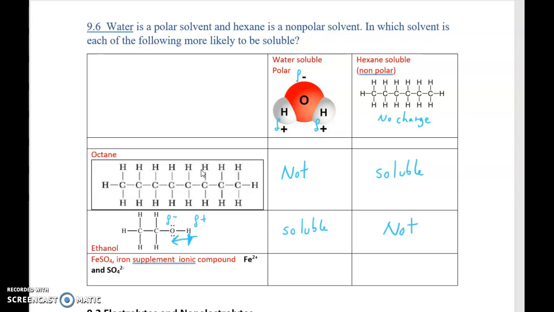We've got these charges, and there's nothing that attracts here for those charges. If we have iron sulfate, an iron supplement, we make iron ions, which are going to be soluble in water, just like the sodium chloride was, and sulfate ions, which are also soluble, but not soluble in the hexane.